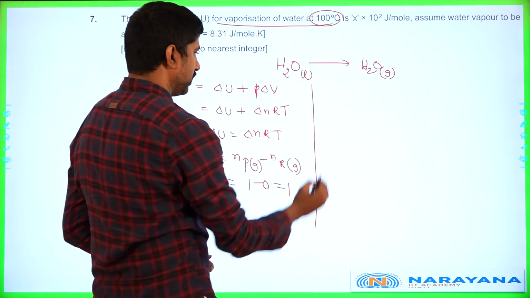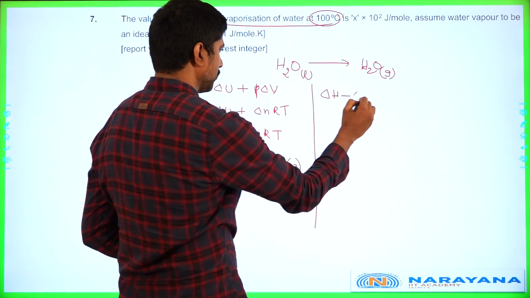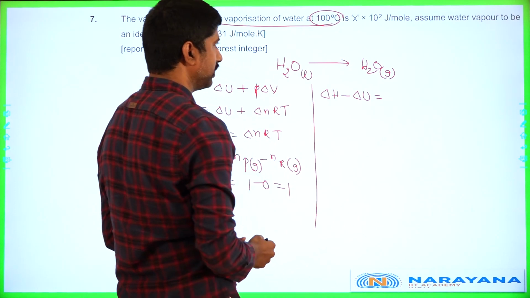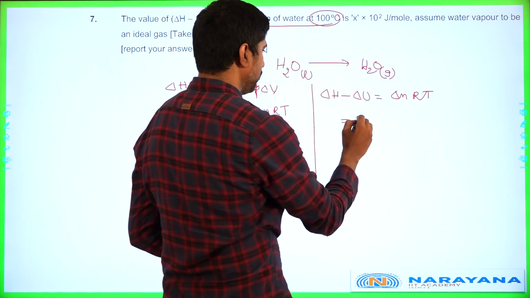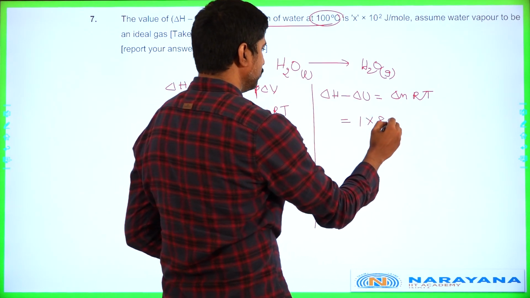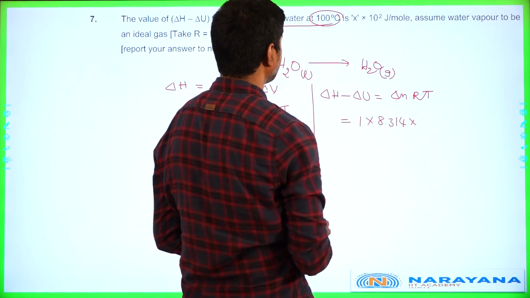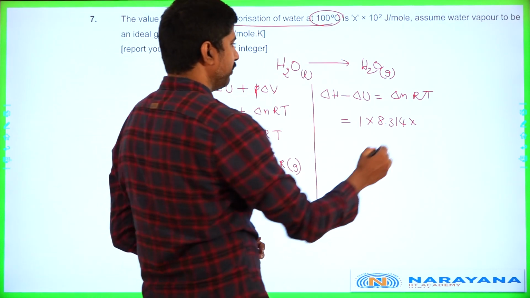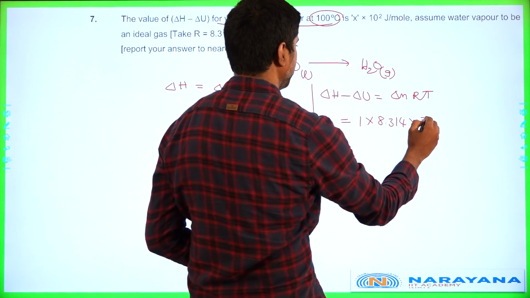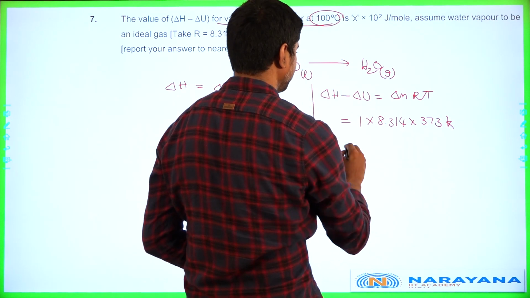Therefore, enthalpy change minus internal energy change will be delta nRT: delta n is 1, R value 8.314, into temperature 100 degrees Celsius, which we write as 373 Kelvin.